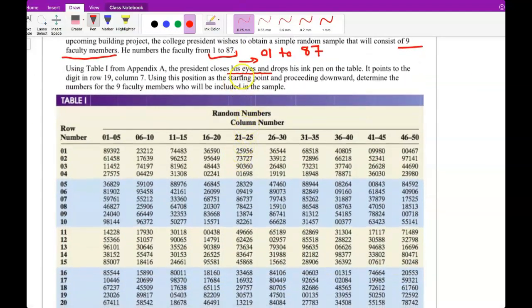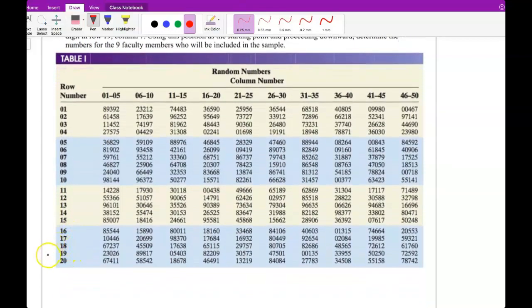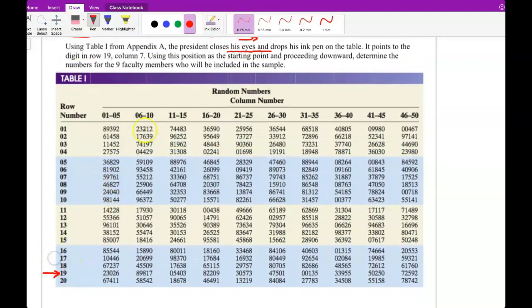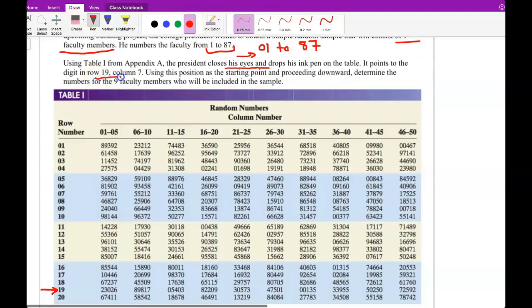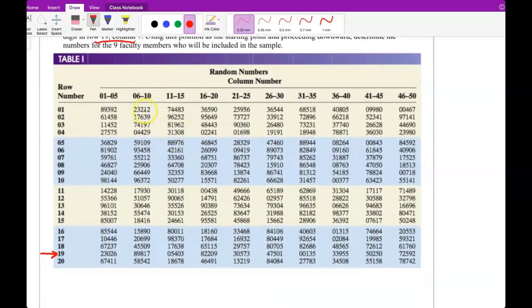That's why he's dropping his pen on the table. And that points to the digit in row 19 and column 7. Let's find that. Row 19, and column 7.